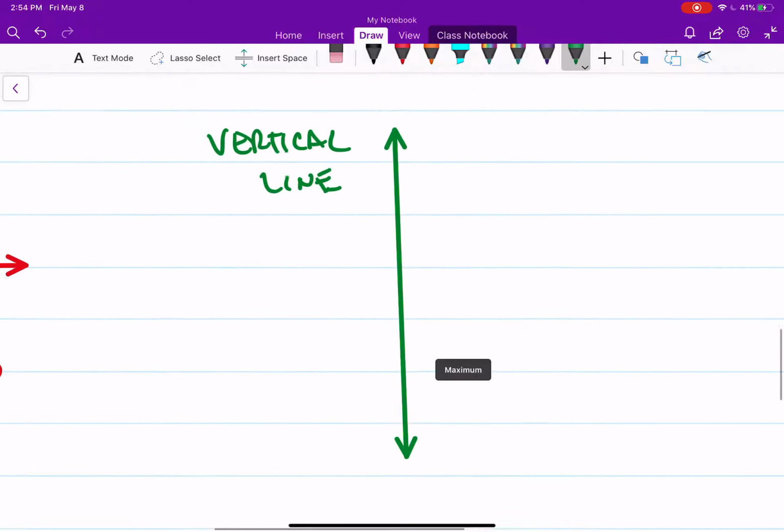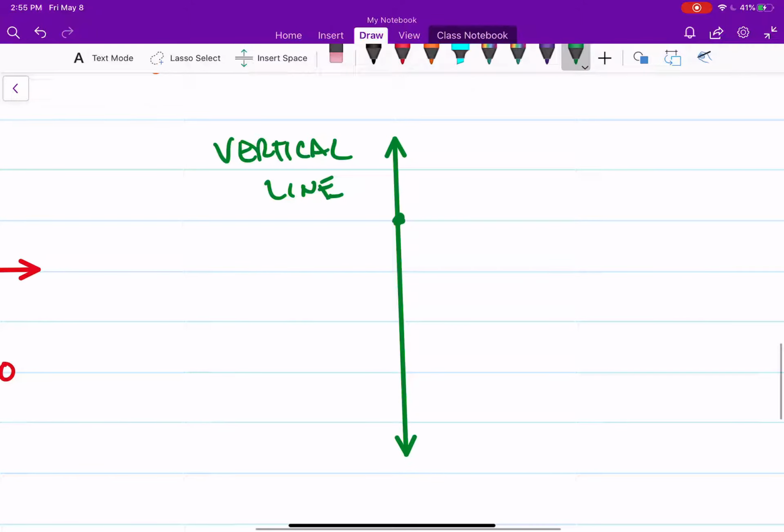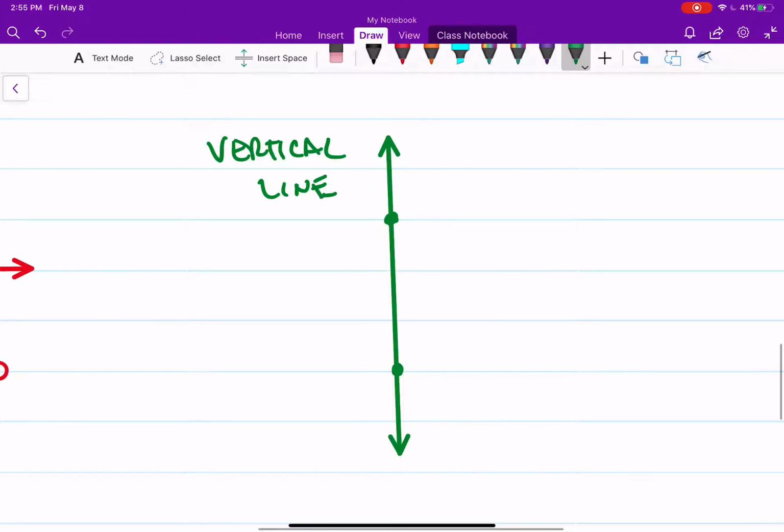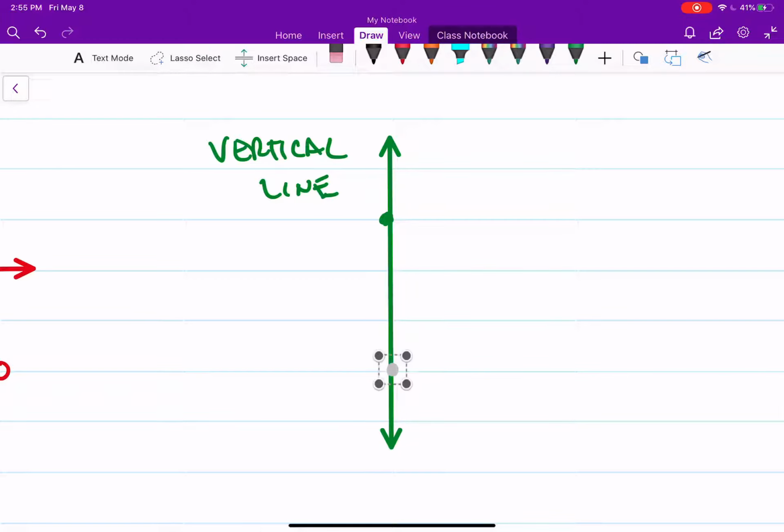All right, let's look at the vertical line. And let's go 2 points here, okay? So if I look at the rise, I should probably actually do this. This is not quite vertical, so can't erase it. So I gotta do this way, and do this way. There we go. Okay, so I got 2 points here, right?